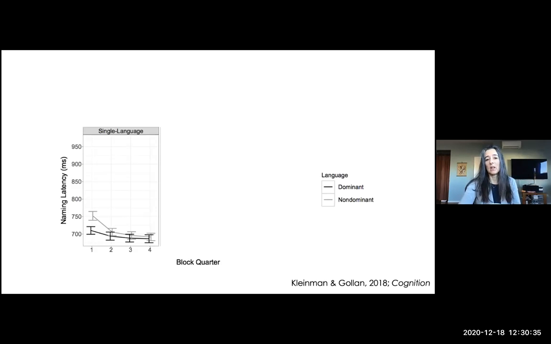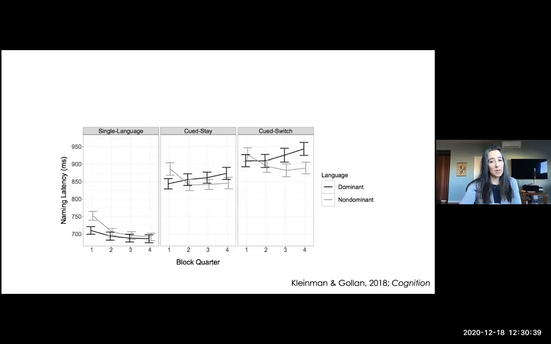With repetition, response times should be faster. But here are the mixed language blocks. First of all, it's really noticeable how much slower bilinguals are in the mixed blocks, and striking that they don't get faster over time. In fact, the dominant language gets slower over time, really screaming that it's being inhibited in some way.